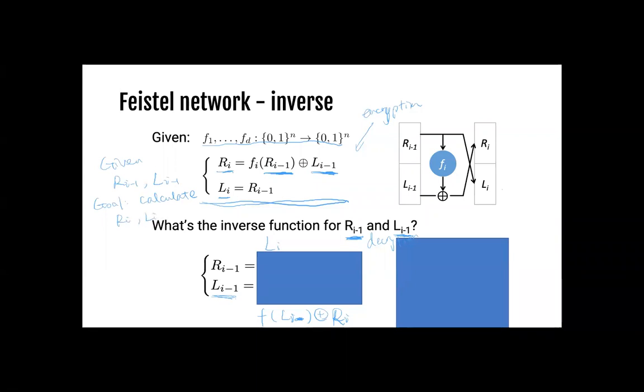Okay, so this is the first part. Now I am asking, if you are given a one-way function, and given Ri and Li, how to calculate Ri minus 1 and Li minus 1. Is it clear?